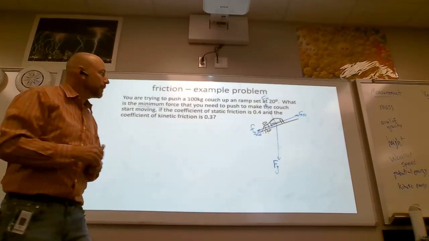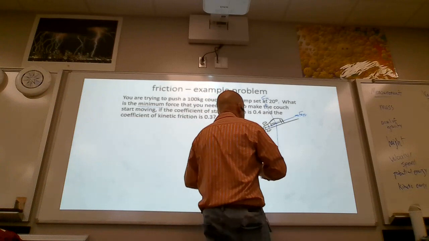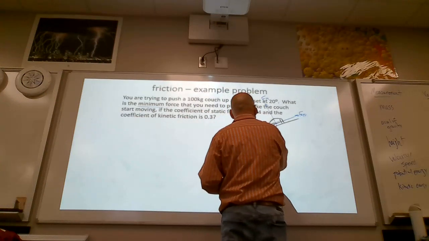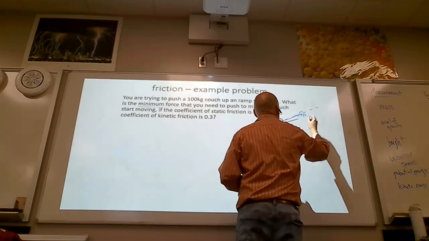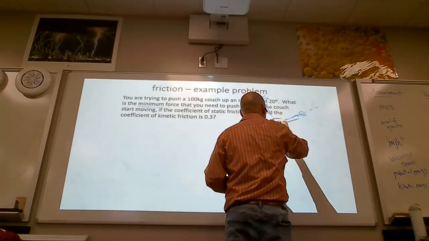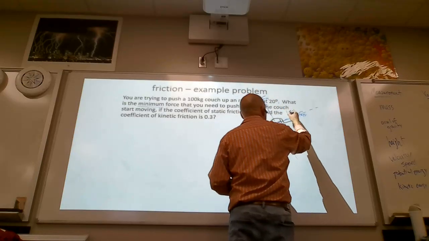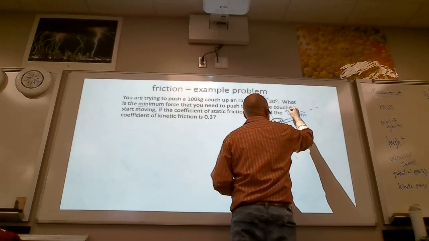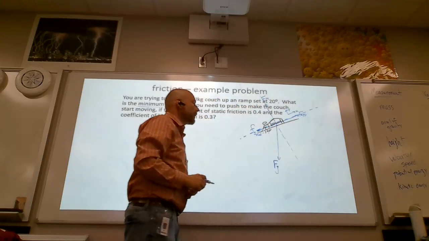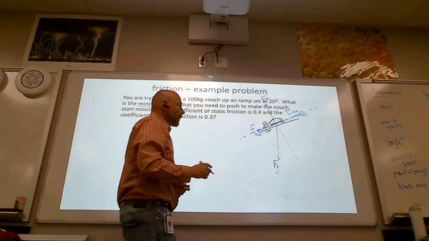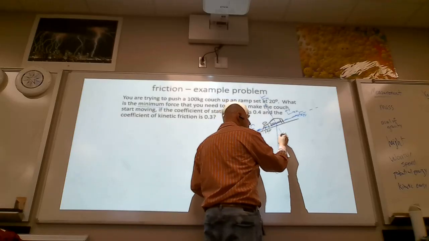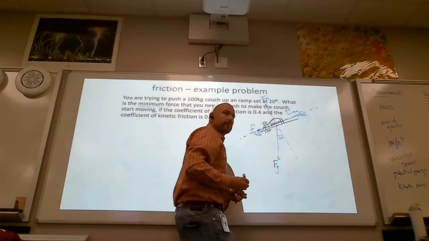Okay. I'm going to tilt my axis because I'm on an incline. So I'm going to make up the ramp positive x and perpendicular to the ramp positive y. This angle here is 20 degrees.